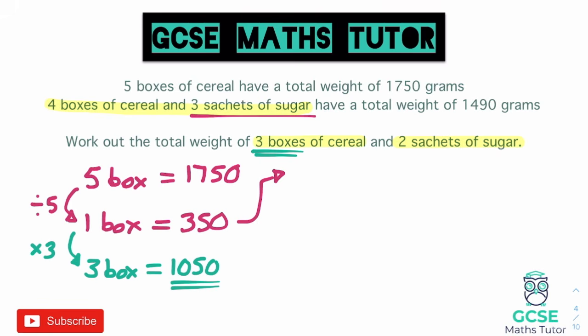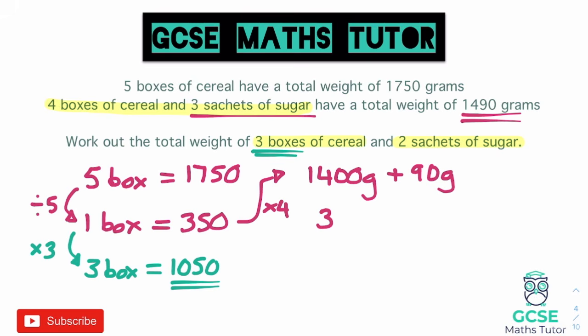So if one box is equal to 350, 4 of those boxes is going to be 1,400 grams. And obviously it says in the question that the weight, including the 3 sachets of sugar, is 1,490 grams. So that is going to be adding another 90 grams. So those 3 sachets of sugar are equal to 90 grams.